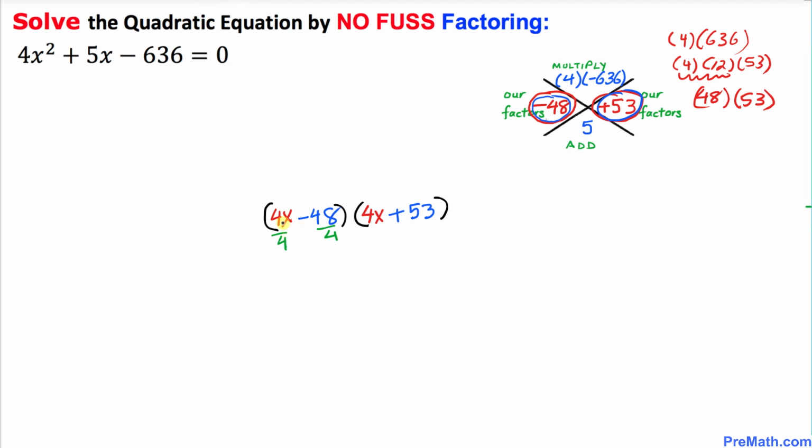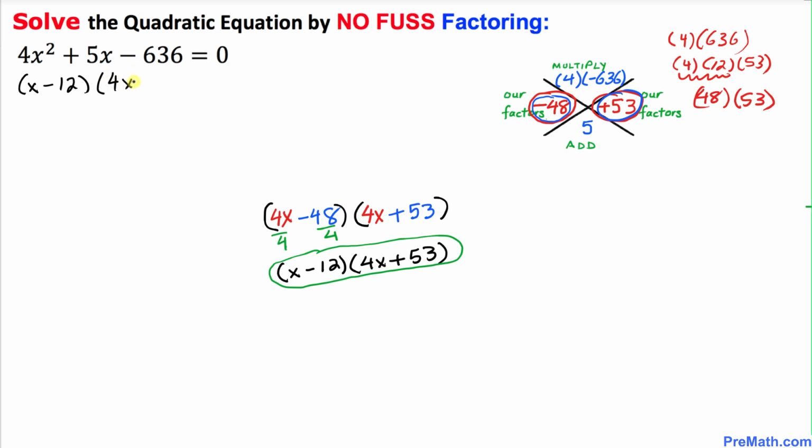And so once we do this, 4x over 4 is going to give us x minus 12, times 4x plus 53. So this is our complete factors. Let's go ahead and copy them down: x minus 12 times 4x plus 53.